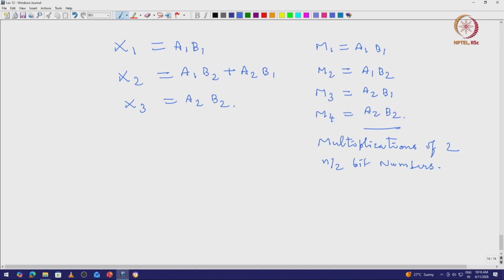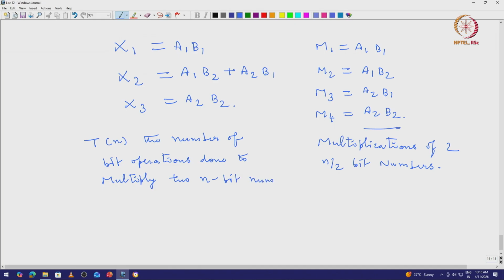Therefore, if Tn denotes the number of bit operations done to multiply 2 n-bit numbers, so you see that I am writing bit operations.